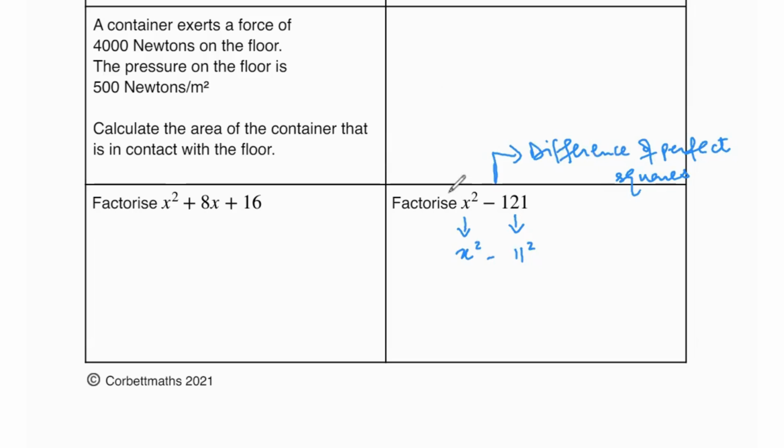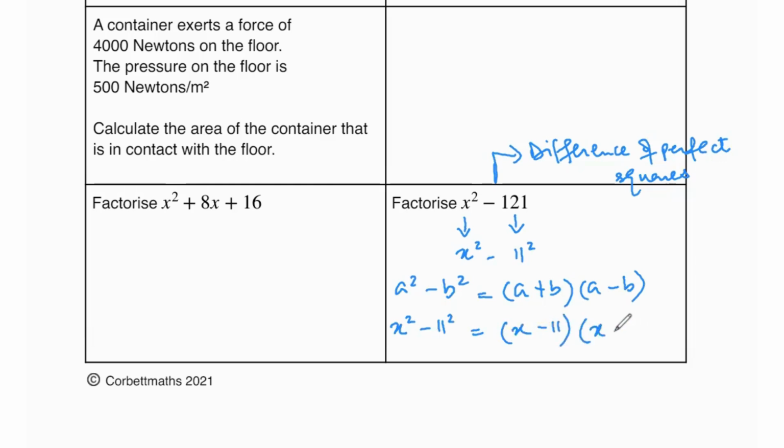Whenever we subtract two perfect squares, the formula we use is a squared minus b squared, which equals a plus b times a minus b. So over here, we're doing x squared minus 11 squared, and so it's going to be x minus 11 and x plus 11. That is your fully factorized answer for this quadratic equation.